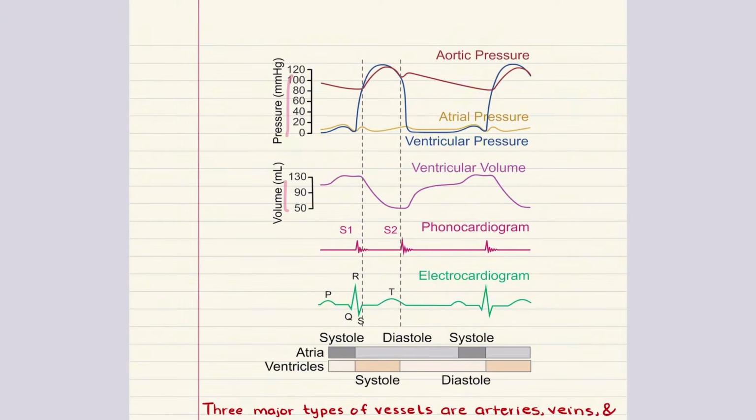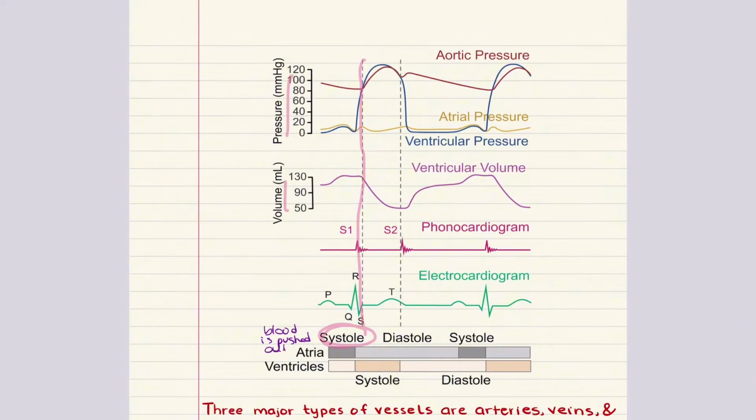You're not expected to memorize every detail here for the MCAT, but it's helpful to recognize how everything is interconnected. So for example, when the ventricles contract during systole, ventricular pressure increases, volume decreases, and blood is pushed out. You'll also notice that the first heart sound happens when the AV valves close.